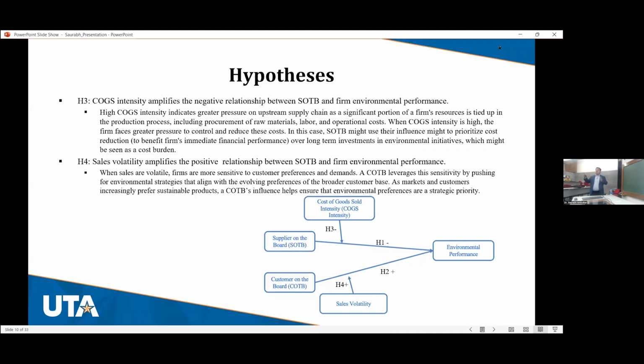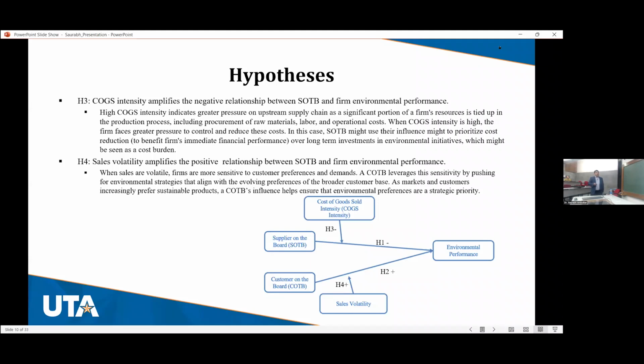Because the customer base is evolving, they are prioritizing more environmentally conscious options, and a COTB being their representative can help ensure that these kinds of options are integrated into firms' operations. So the positive relationship between customer on the board and environmental performance, we believe, will be enhanced when there is greater sales volatility, so greater downstream pressure as well.